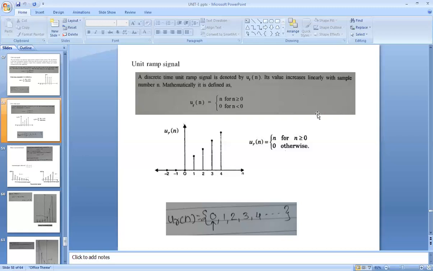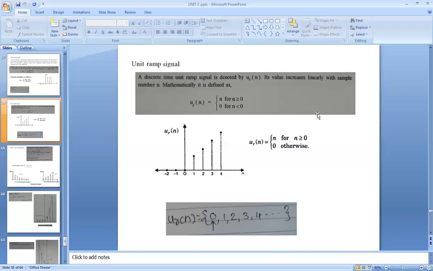Means ur of n will be 0 at 0, 1 at 1, 2 at 2, 3 at 3, 4 at 4, and so on. So you can write this graph in discrete time sequence as ur of n is equal to curly brace 0, 1, 2, 3, 4, dot dot dot, curly brace ends. Here 0 is marked with an arrowhead. It represents the origin point.